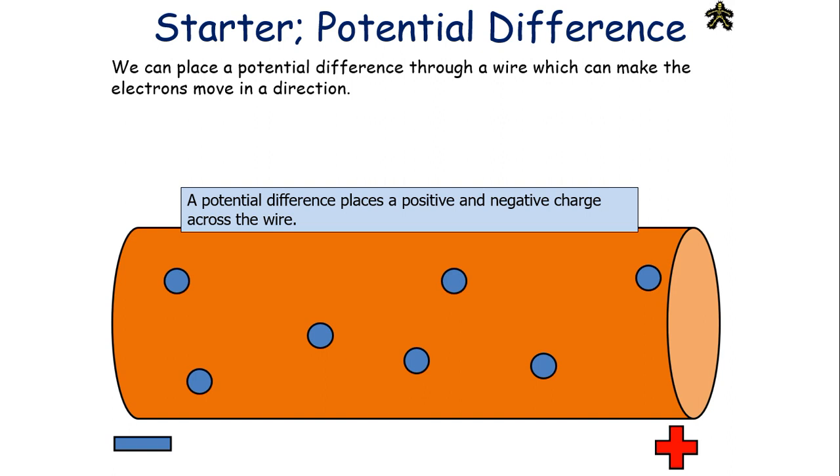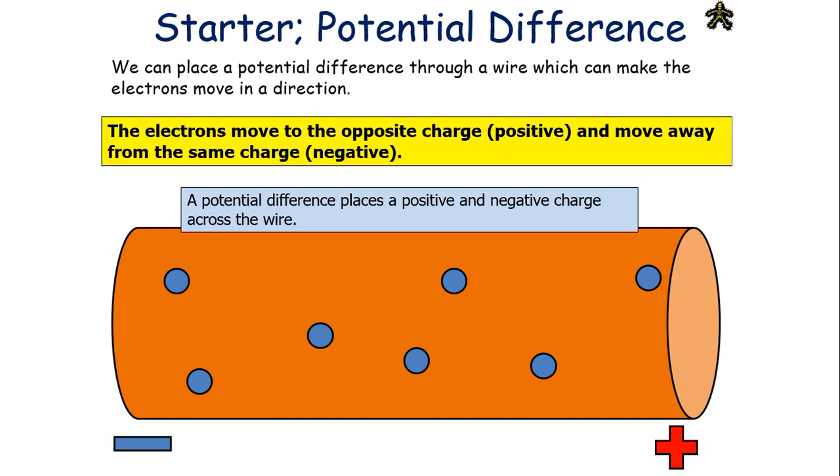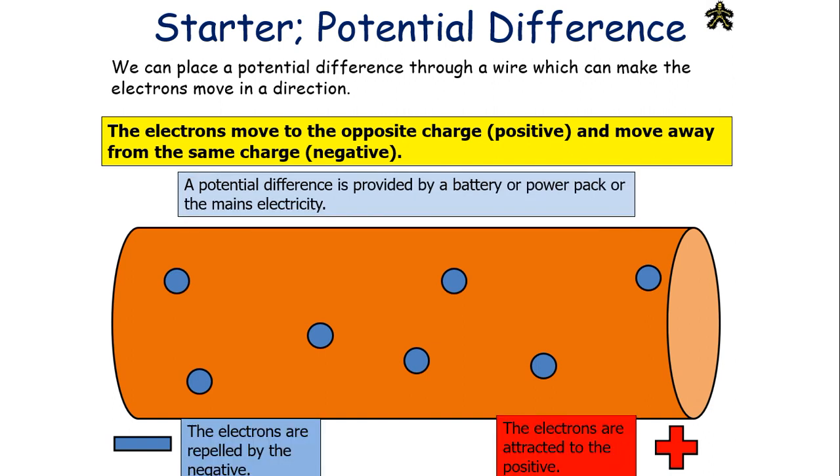We can place a potential difference across a wire, which can make the electrons move in one direction. A potential difference places a positive and negative charge across the wire. The electrons move to the opposite charge, which will be positive, and move away from the same charge, negative. So the electrons will be repelled by the negative and attracted to the positive, and as a result they'll all move in the same direction.